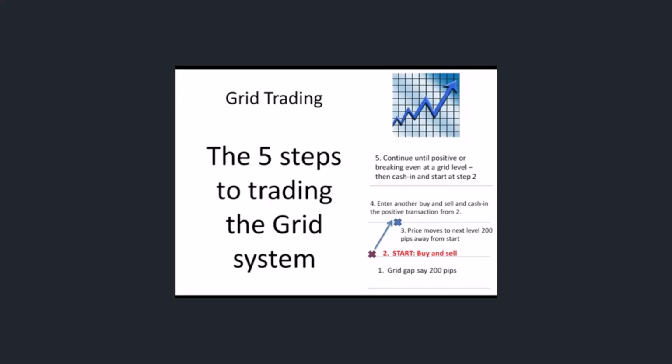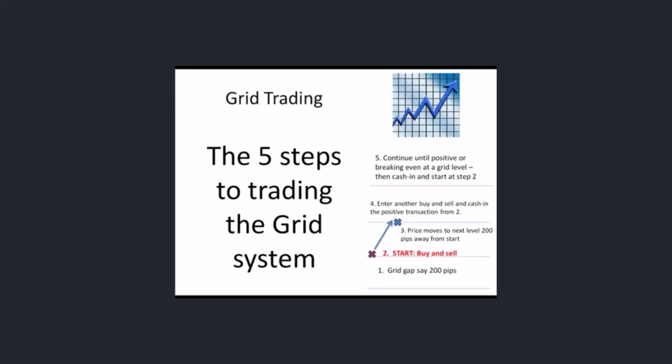Once it has reached there, you go into step 4, which is you enter a buy and a sell at that level again. Then you cash in your positive transaction. The buy from your initial transactions will be positive, so you cash that buy in, and you just leave the transaction that's negative.